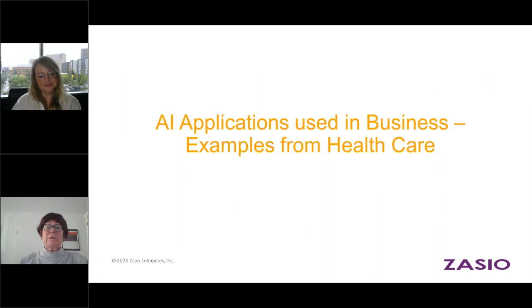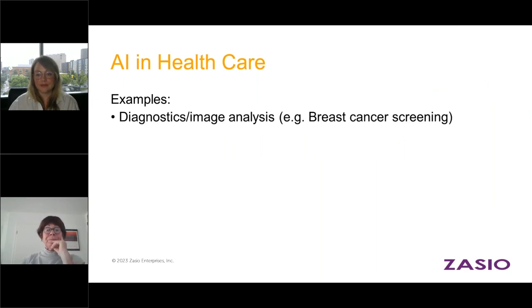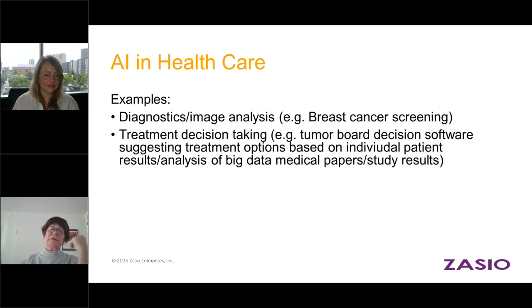I'm going to give some examples of how artificial intelligence is used, for example, in healthcare. We have diagnostics and image analysis, for example, in breast cancer screening, since a long time. Out of this diagnostics we then have decision taking.